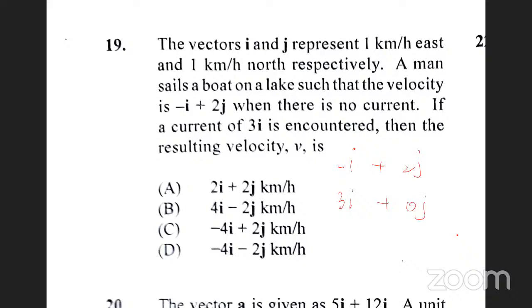There is no j in the second vector, right? When you add here, you'll get 2i plus 2j. Makes sense.